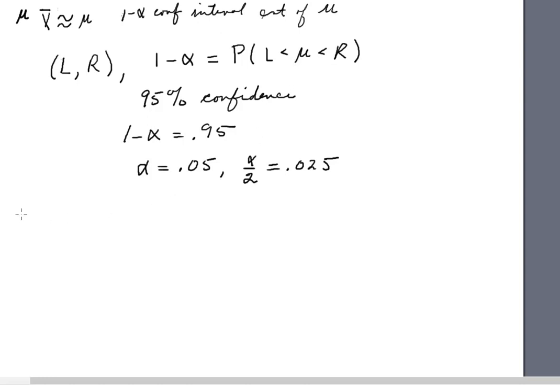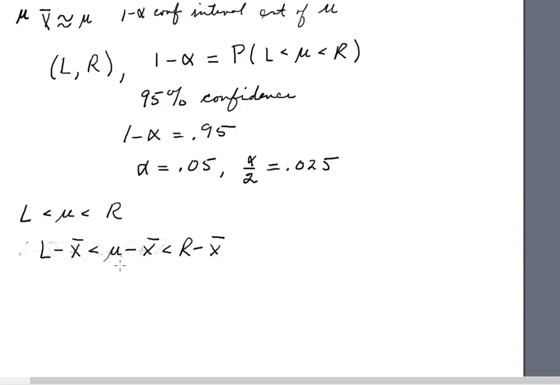But I think if you use a little imagination, you can see that by doing algebraic operations, that is adding things and subtracting things, I can get from an inequality L less than mu less than R, by doing algebra, I can get to an expression L minus X bar is less than mu minus X bar is less than R minus X bar.